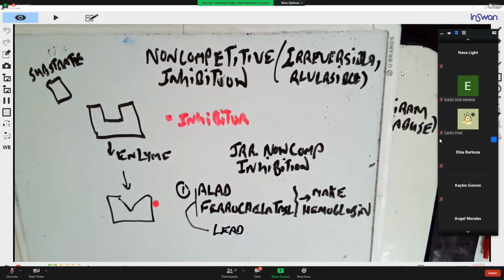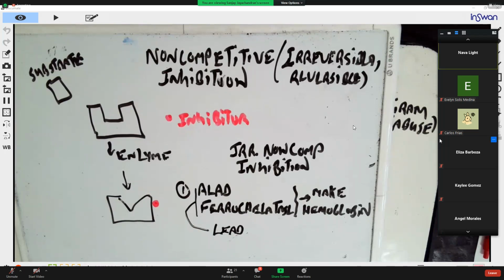Anybody know? Paint. Paint, exactly. You know, kids eat paint chips. And also lately, if you look at Flint, Michigan, the water, right? You get lead in the water. Okay, so this is a non-competitive, irreversible blocker, doesn't come back off.